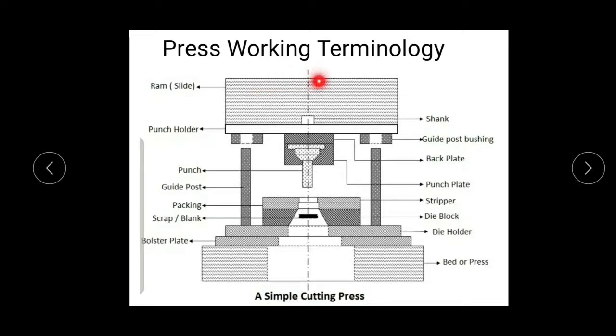So it is used for press work. Then the second part is shank. So here you can see the shank. The shank is used as a part for installing the top die in the slide of the press machine.